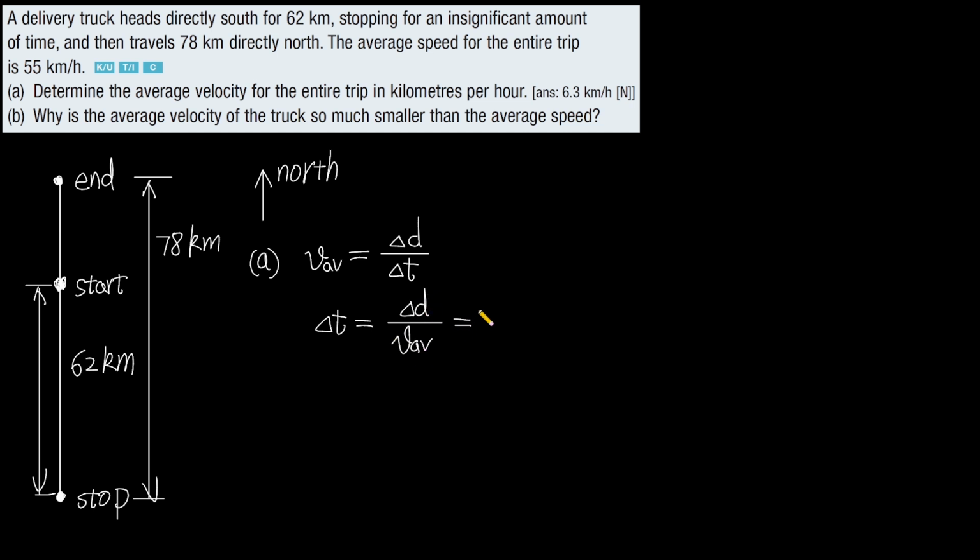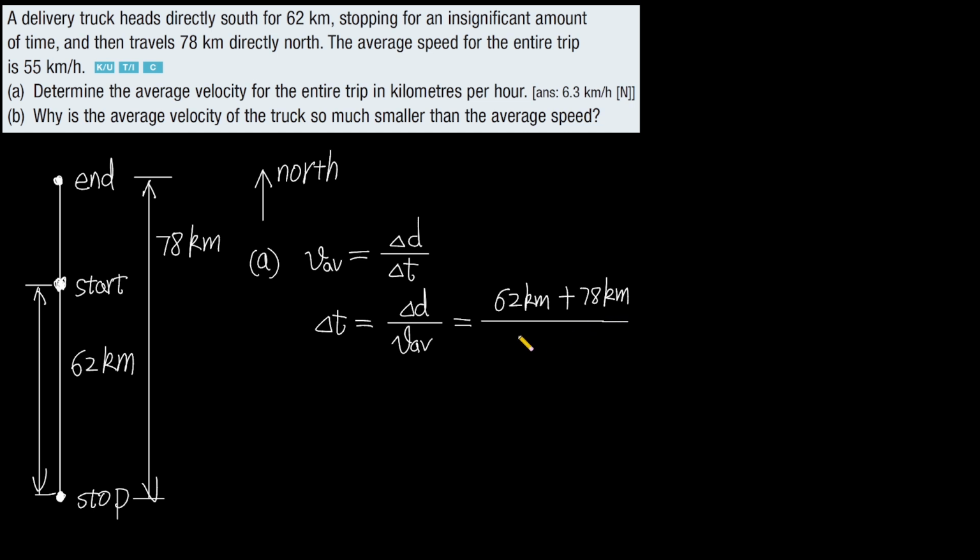And the total distance equals the distance from the start point to the stop point, 62 kilometers, plus the distance between the stop point and the end point, 78 kilometers.